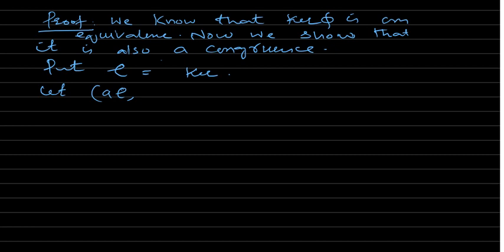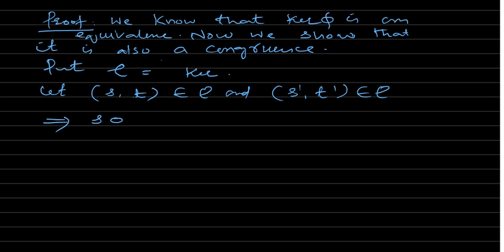So let's take these pairs. Okay, (S, T) belongs to rho, and (S', T') belongs to rho. So they are rho related, which means that their images under phi are the same. So S phi is equal to T phi, because rho is kernel of phi, and S' phi is equal to T' phi.